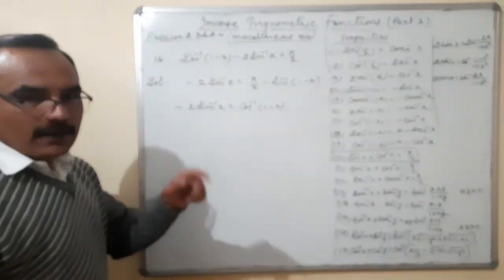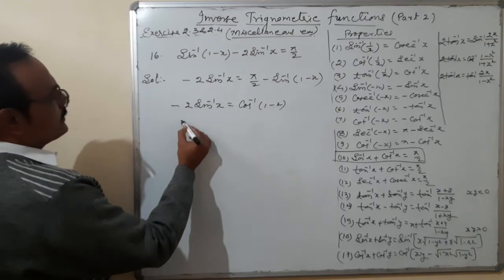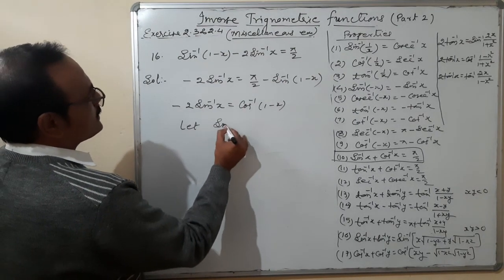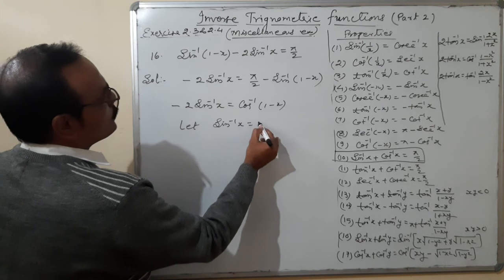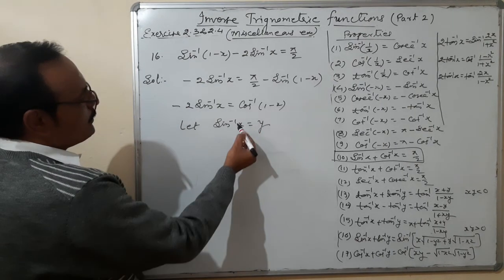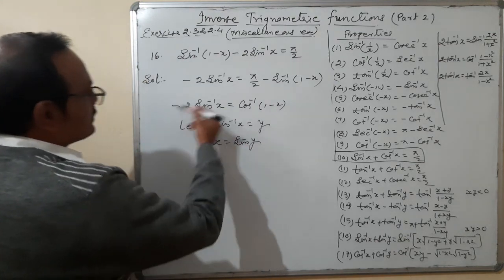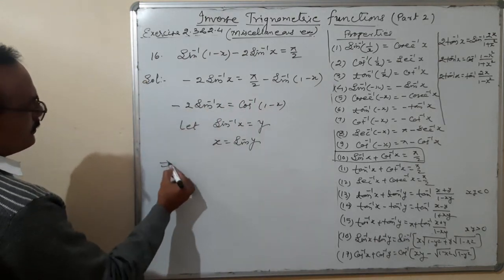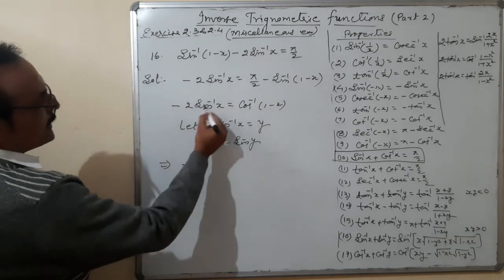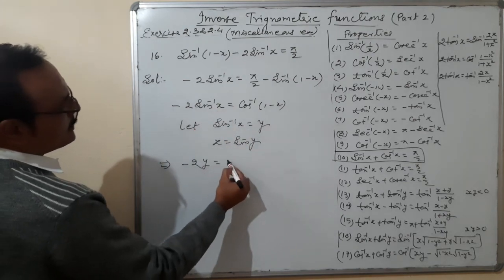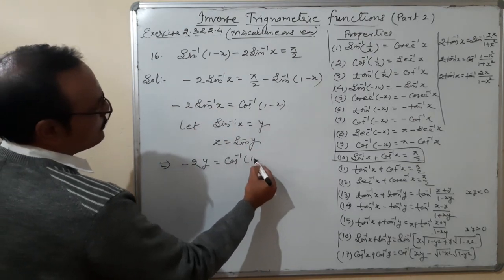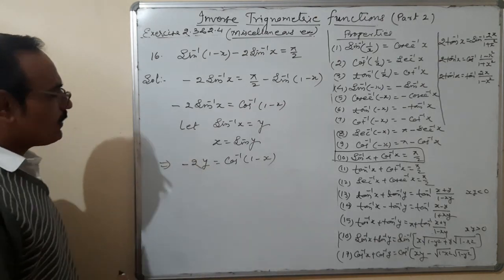Okay. After this step, let sine inverse x be equal to y. Then x is equal to sine y. Substitute the value here: minus 2 sine inverse x, that is y, is equal to cos inverse 1 minus x.